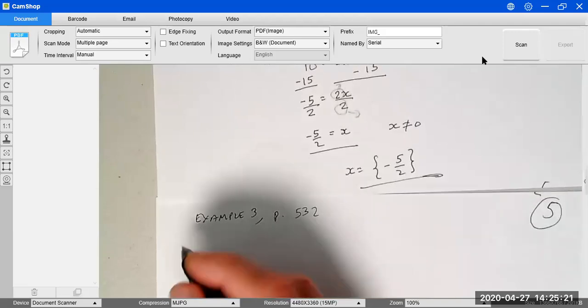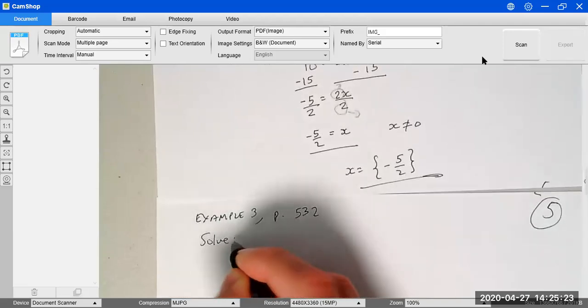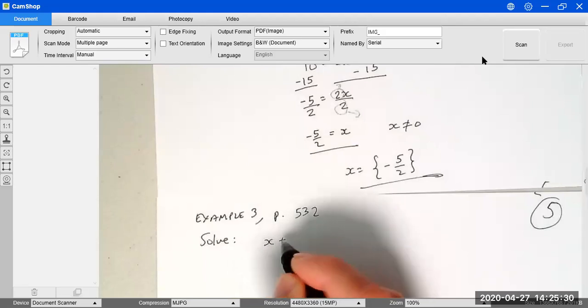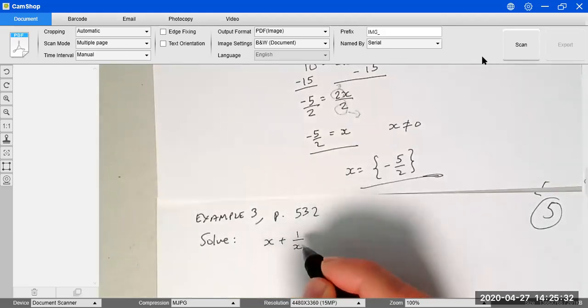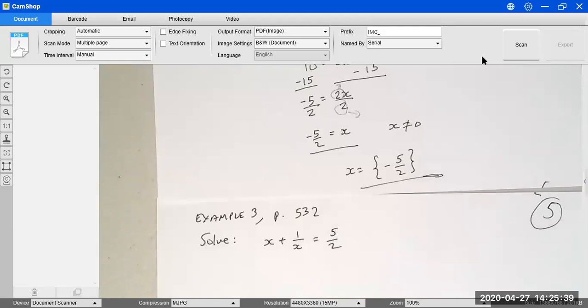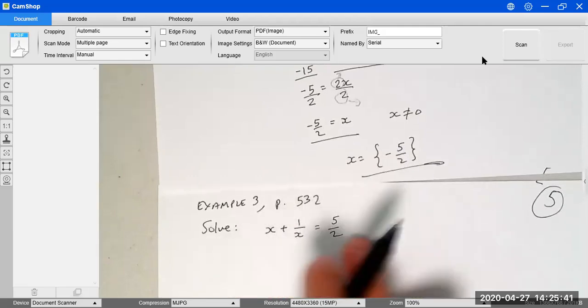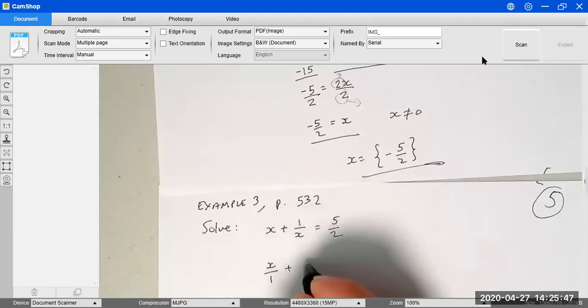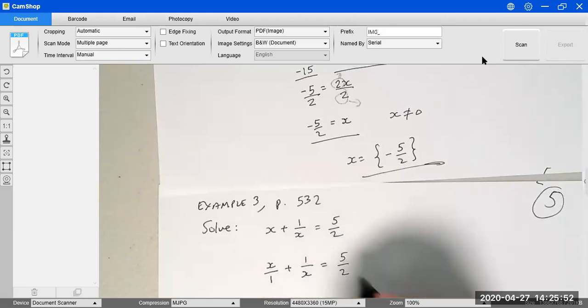So we're going to solve the following equation: x plus 1 over x equals 5 over 2. So I'm going to rewrite this in a way that I have only fractions everywhere. So I need to divide this by 1, then 1 over x equals 5 over 2.